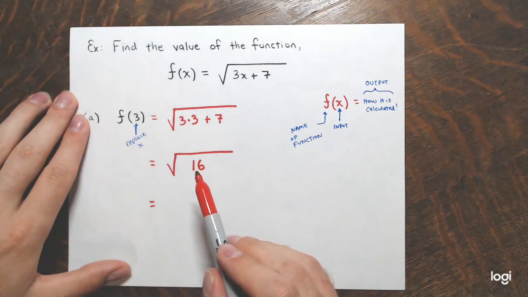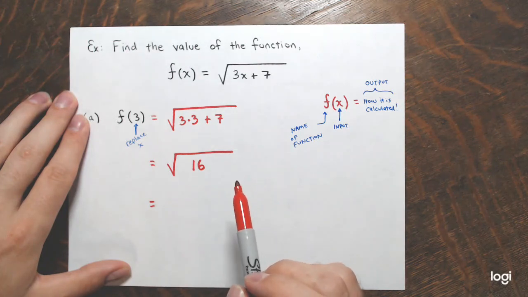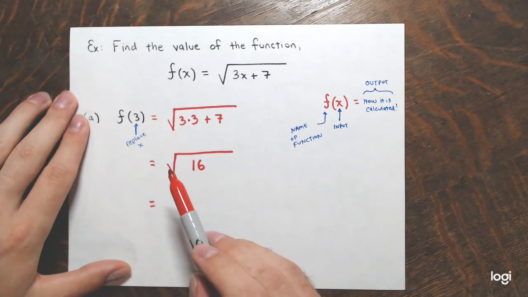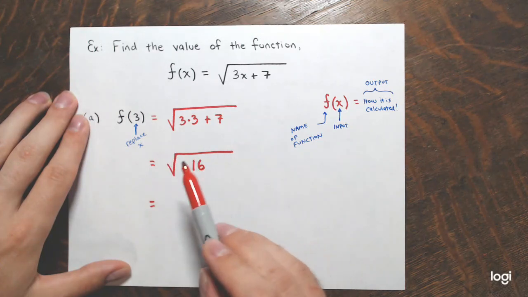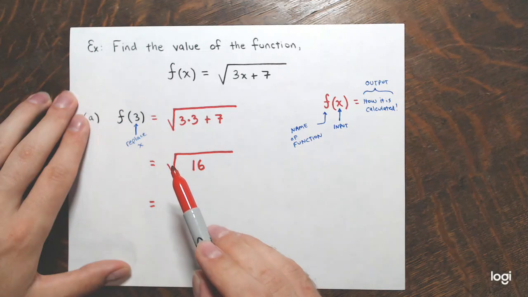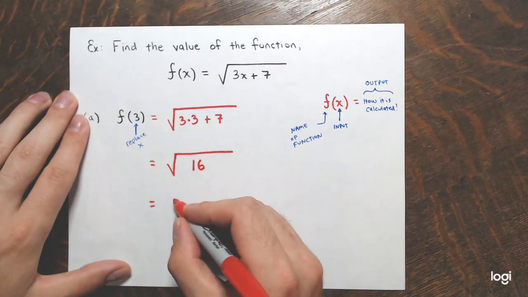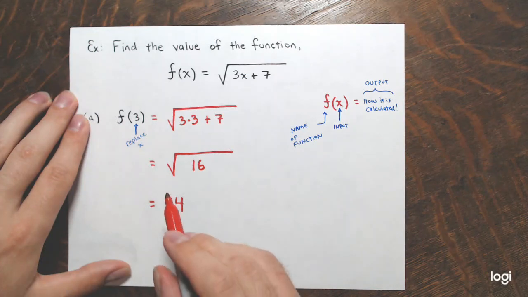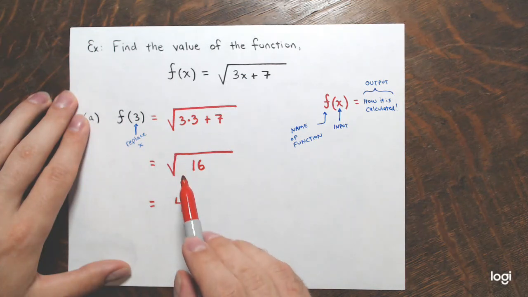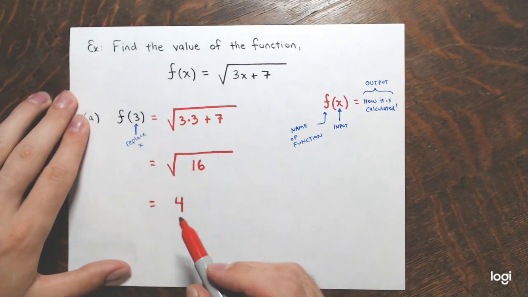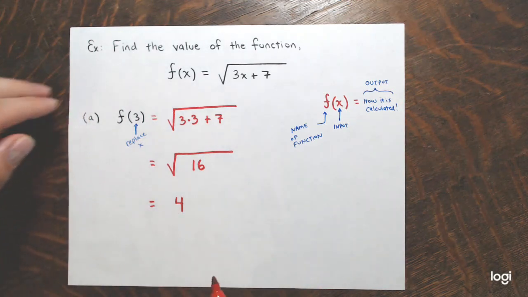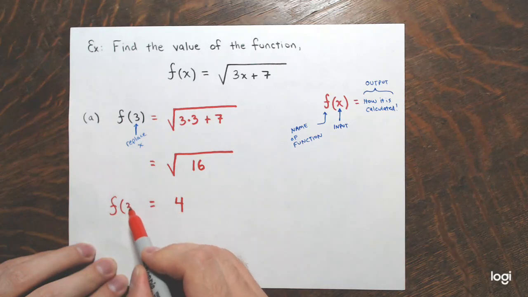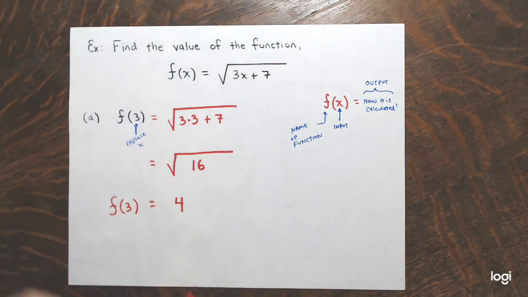Positive or negative 4, because negative 4 squared, negative 4 times negative 4, is also 16. Yes, that's true, but when you see this symbol with an even index, an even root, your result is the non-negative one. So no plus or minus. This square root symbol of 16 is just 4. Okay, so the value of f at 3 is equal to 4.